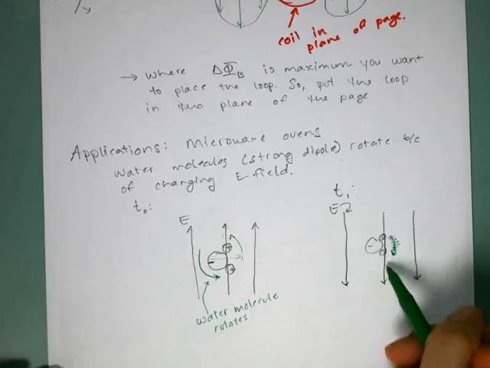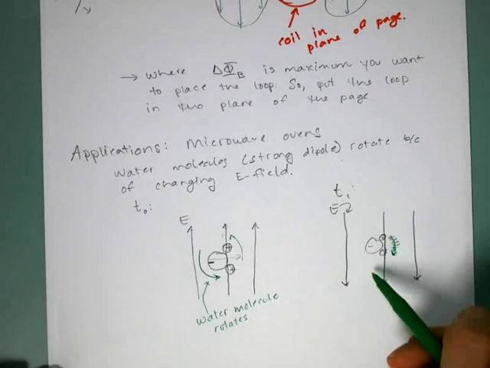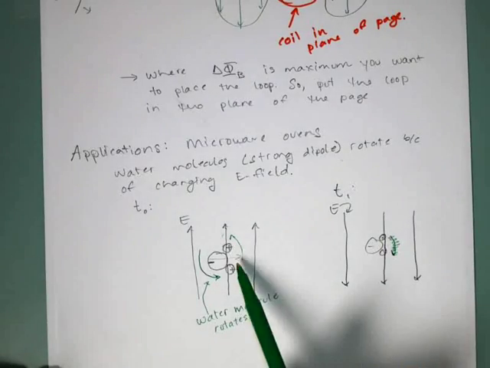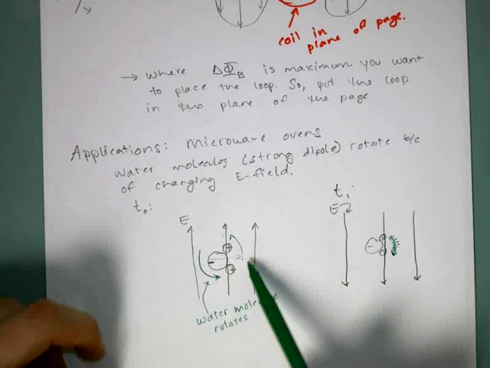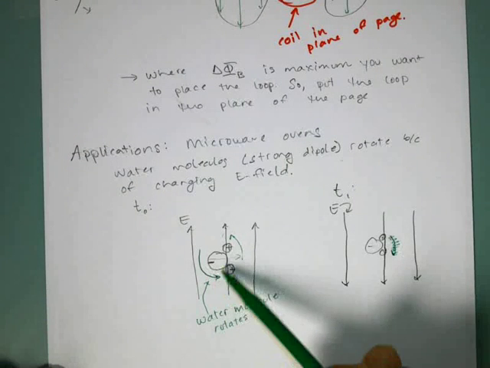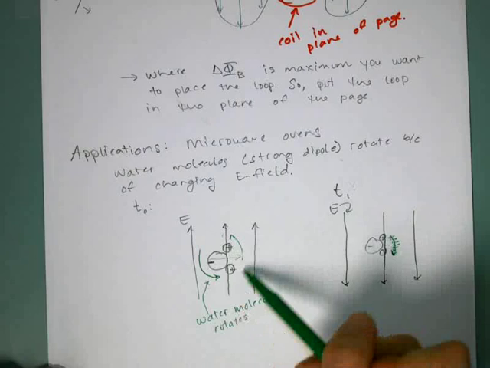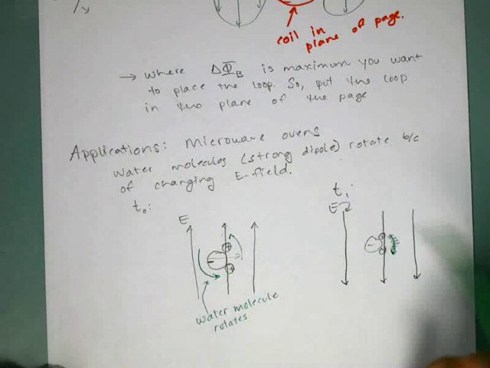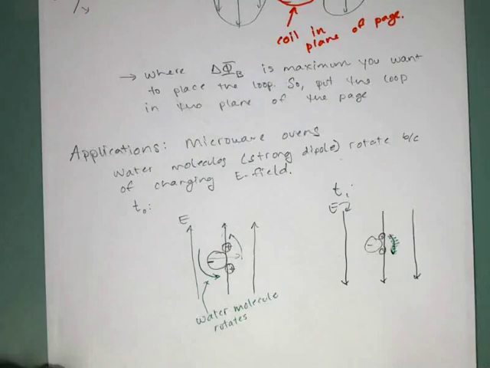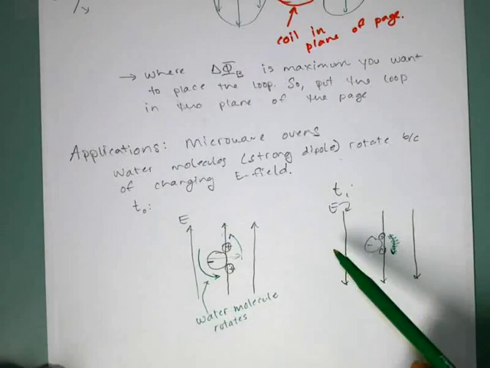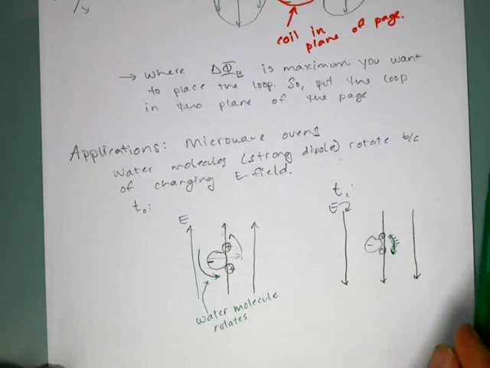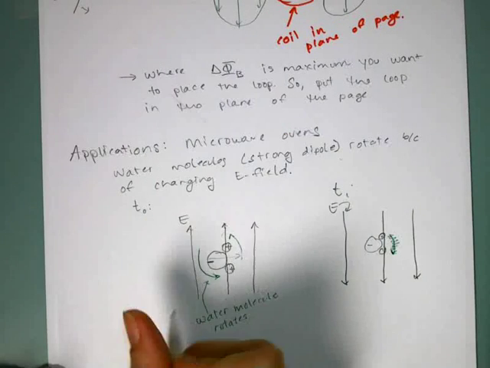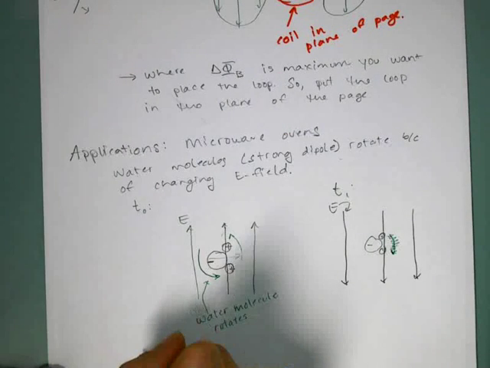And actually there's nothing that requires this to rotate in the opposite direction. It can keep rotating in the same direction. The main point is that as the electric field keeps changing directions, this water molecule is going to be constantly changing back and forth in much the same way that a motor worked.